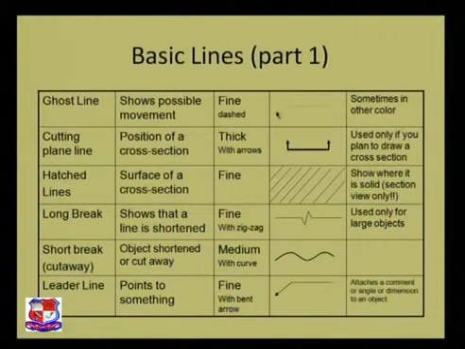So what I will do is draw a ghost line, which is a very faint line. As you can see over here in the chart, it is a very fine dashed line. Sometimes if we are drawing in color, you can use different colors so it can be properly highlighted.